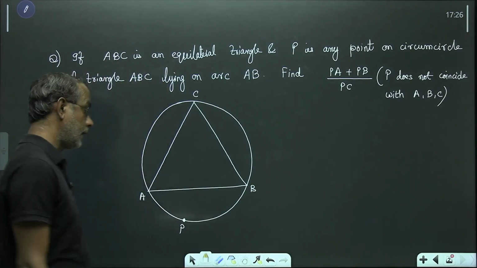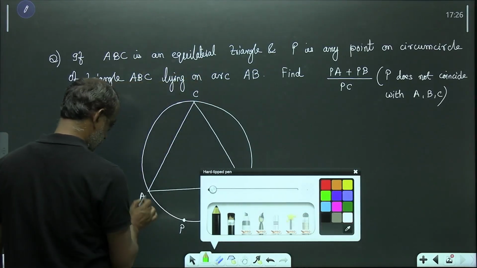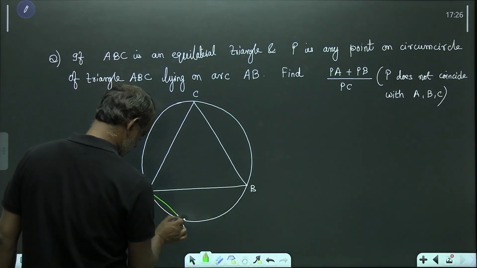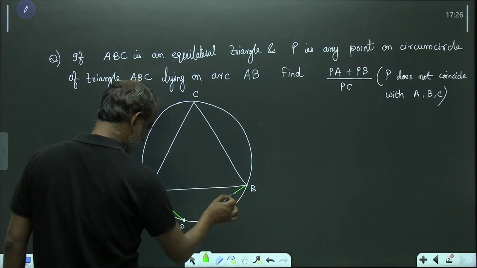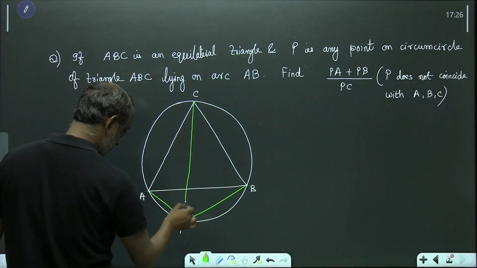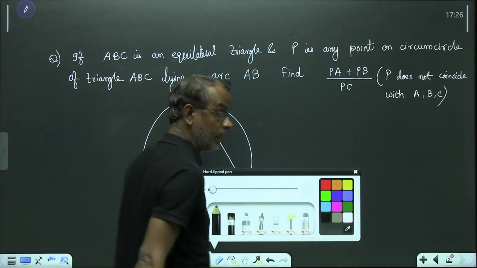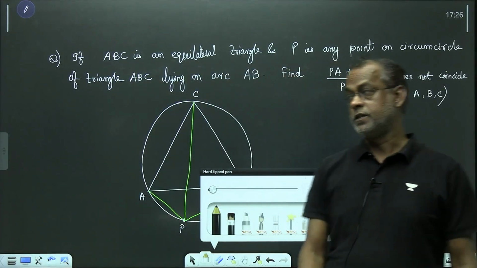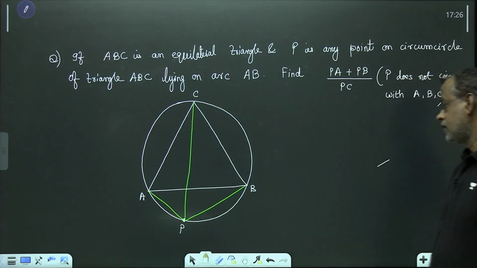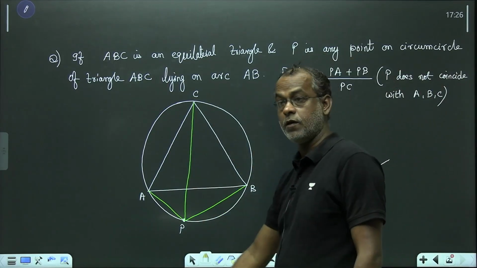So PA, PB, we are being asked to show that PA plus PB is PC, isn't it? Now you can see PACB is a cyclic quadrilateral.